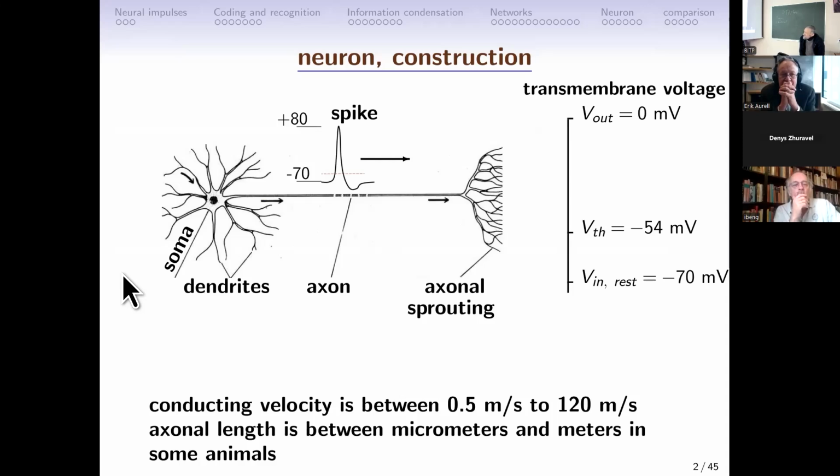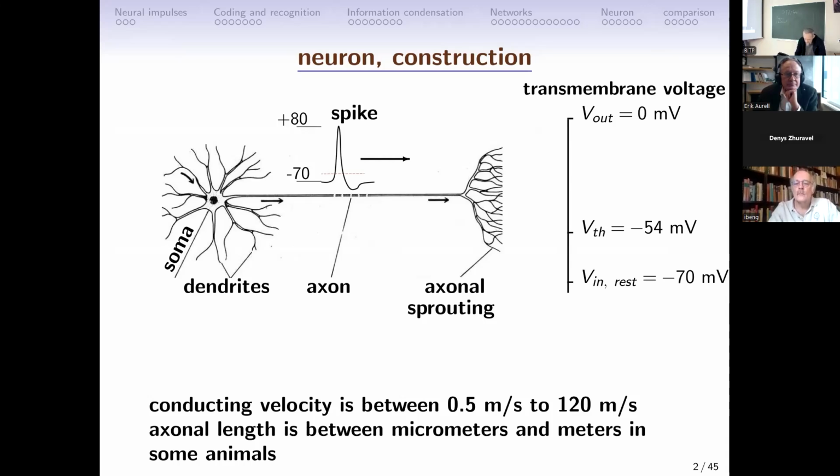As a result, it can get triggered and generate an output impulse, also known as a spike, which propagates through the axon to other neurons. The conduction velocity of a spike lies between 0.5 and 120 meters per second.